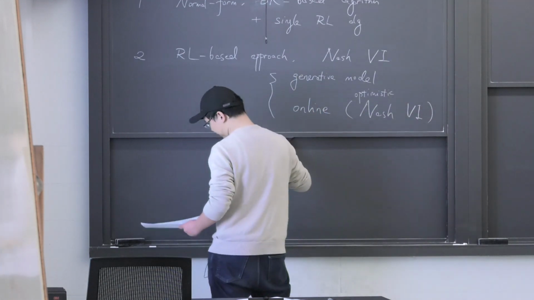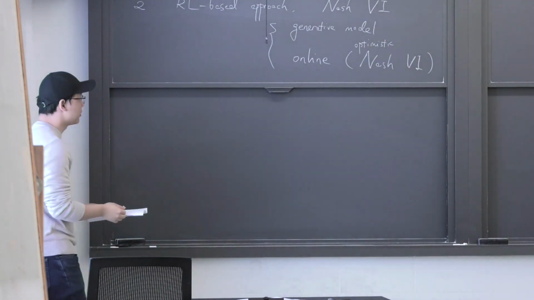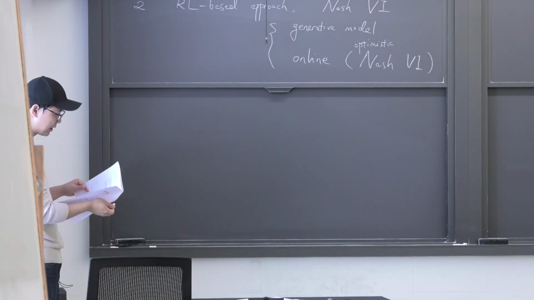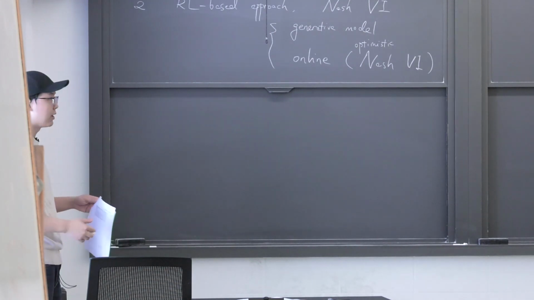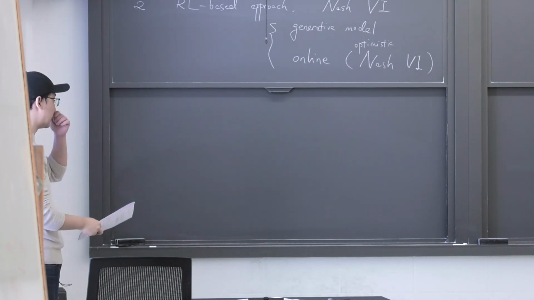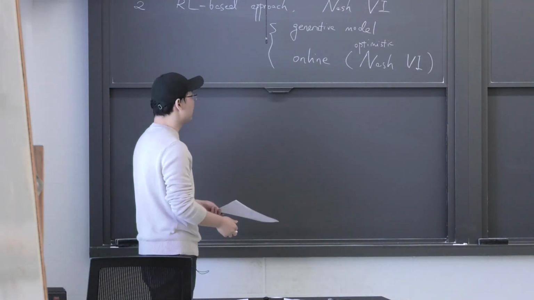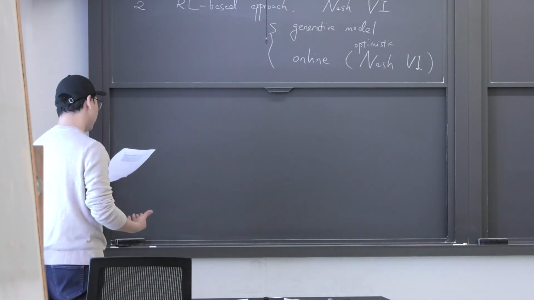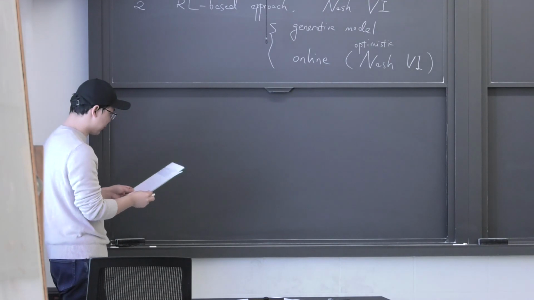We ended with explaining what the optimistic Nash value iteration algorithm is, which essentially is doing Nash value iteration with a slight modification that we need both upper bounds and lower bounds. And when we have upper bounds and lower bounds, we're now doing general sum games. So we need to compute a CCE instead of a Nash, because the Nash equilibrium, unlike CCE, is PPAD hard to compute. So it's not computationally efficient.